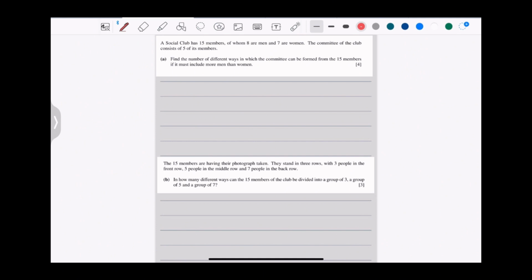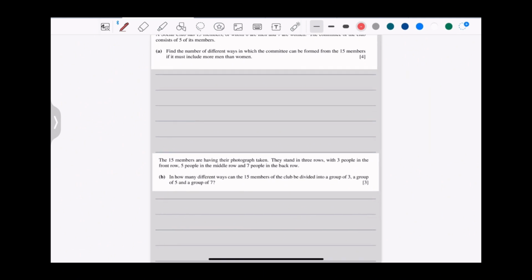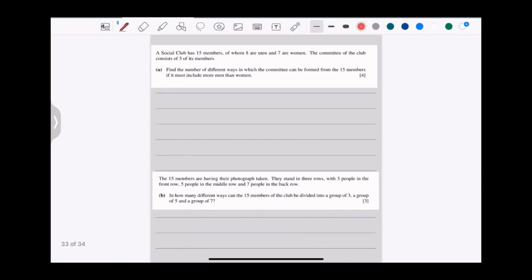So, one way could be 3 men, 2 women, or 4 men, 1 woman, or 5 men, zero women.